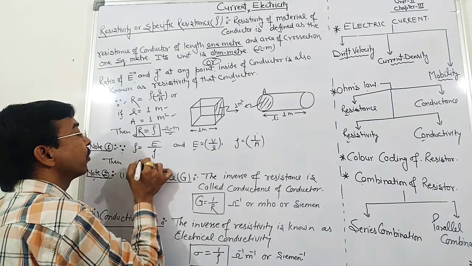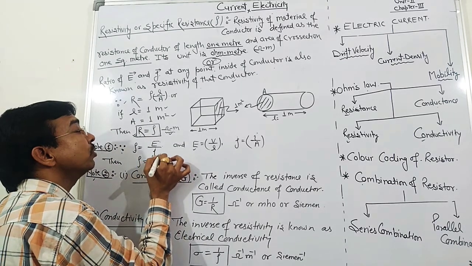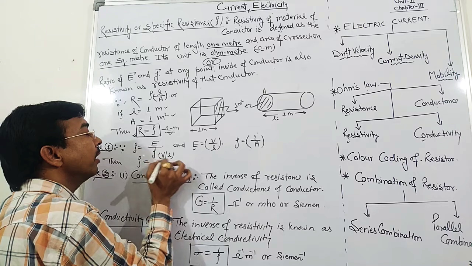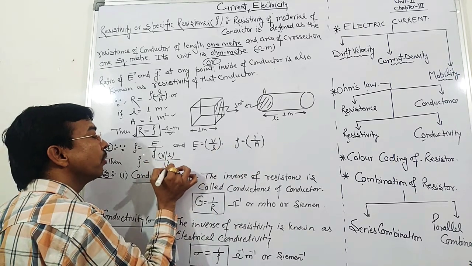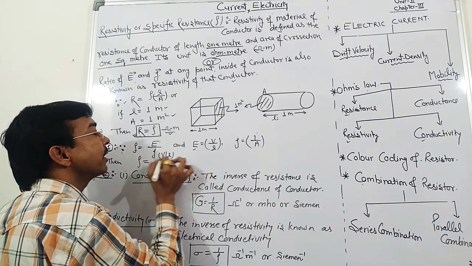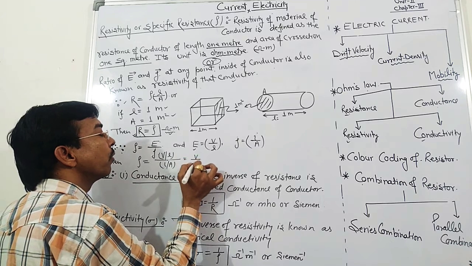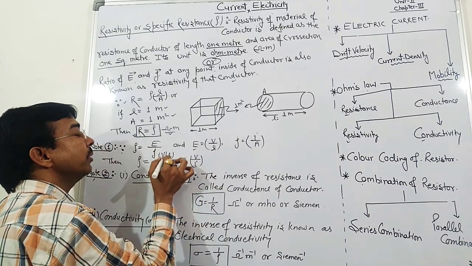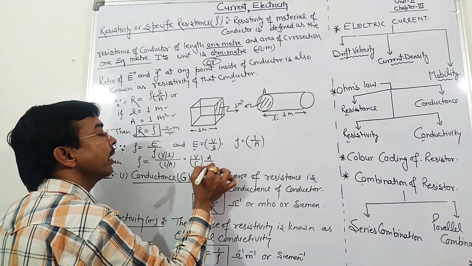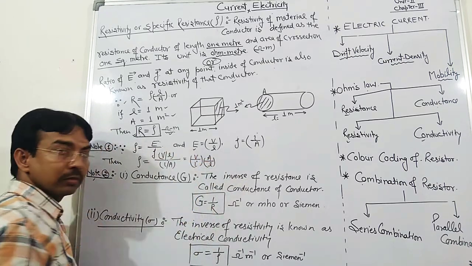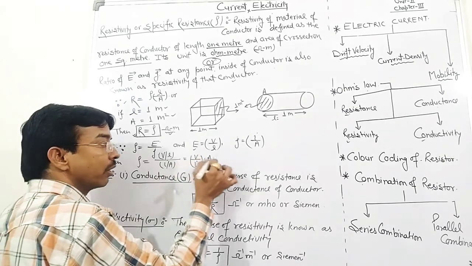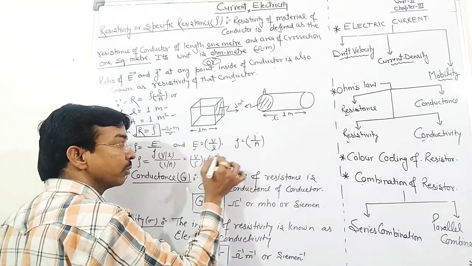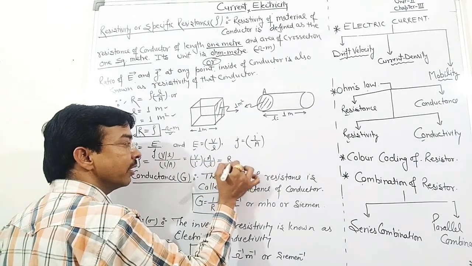So finally we want to write the value, so rho equals to V over L divided by I over A. It can be written as, you know very well, V over I in that particular bracket, and it becomes V by L, so it will be A by L. Okay, and that particular term will indicate the ratio of the potential and current is known as the resistance.